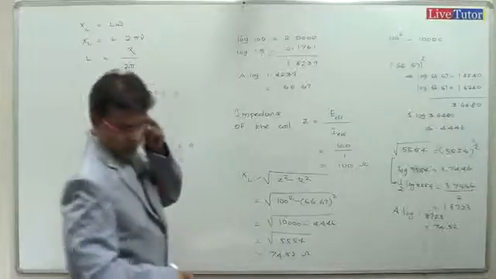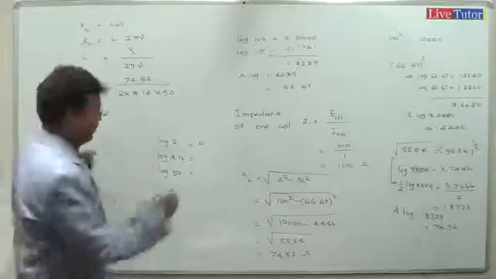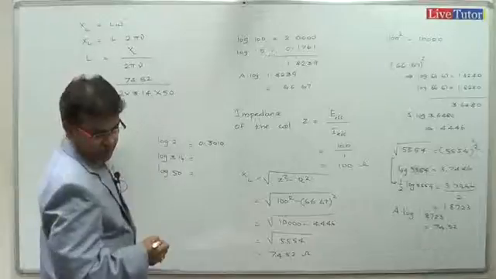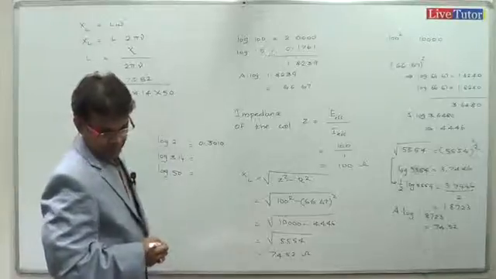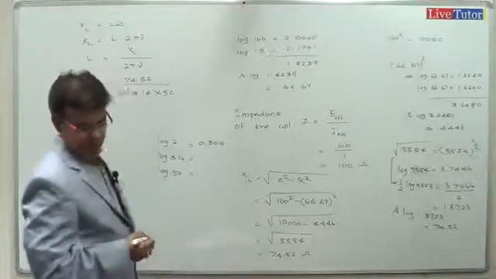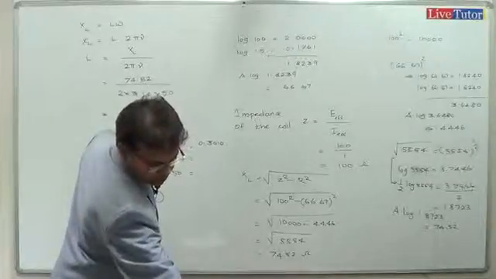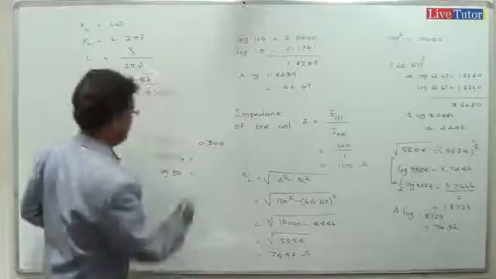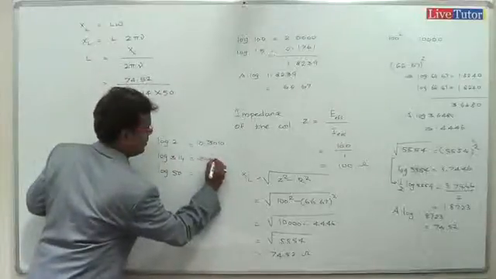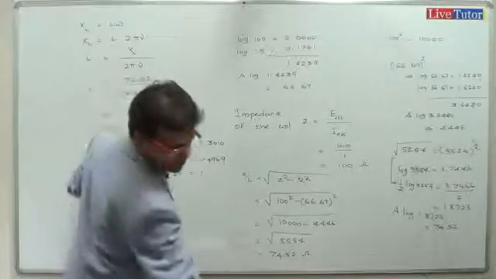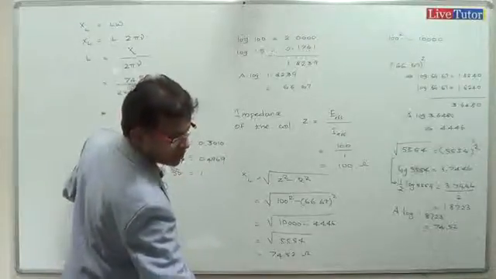Log 2 is 0.3010, log 3.14 is 0.4969, then log 50 is 1.6990.